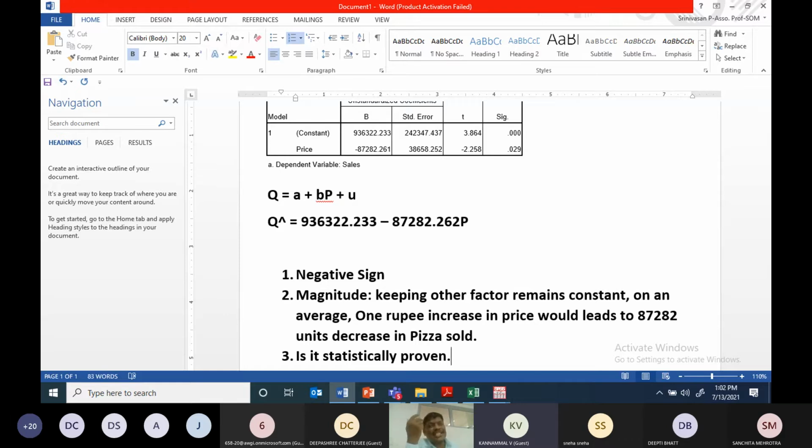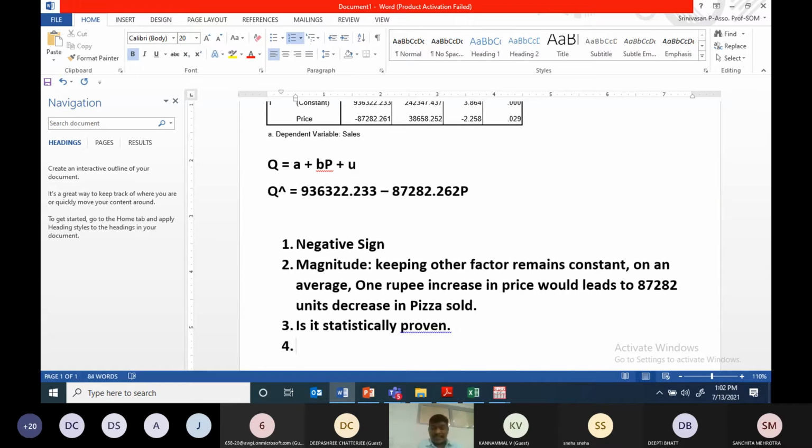If I say, is it statistically true or proven, there comes testing of hypothesis. Many times I told you, testing of hypothesis is involved here.